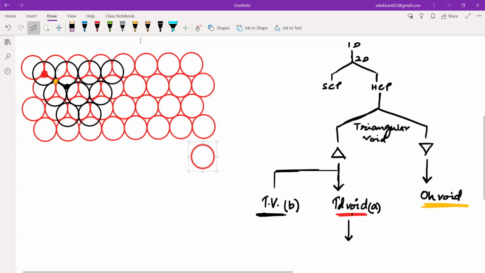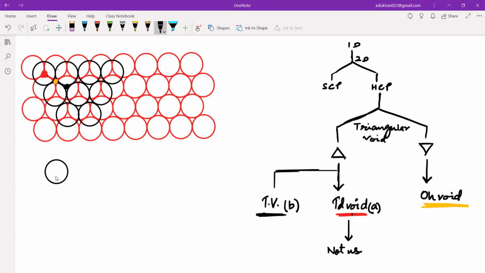So the tetrahedral void of layer A is marked by red. So this is the void. But if I put the atom on top of it, then I am not putting on top of the void, rather I am putting on top of an atom. That is why this arrangement will not be useful. Even though it seems like I'm putting atom on the void, in reality I'm putting atom on atom.